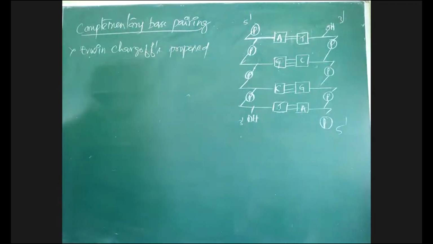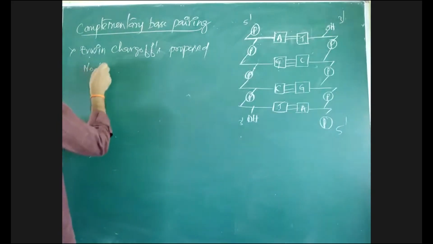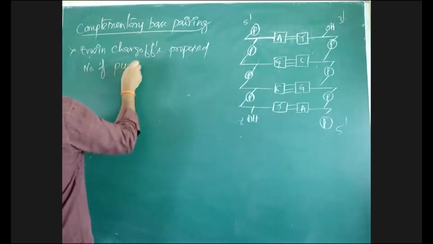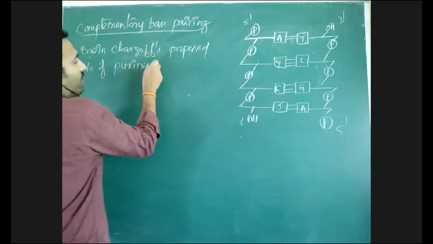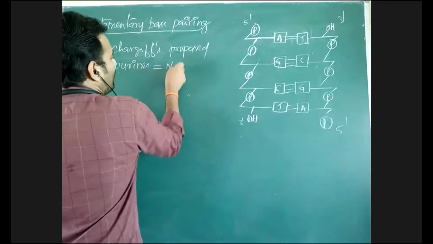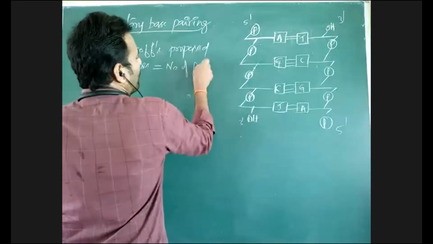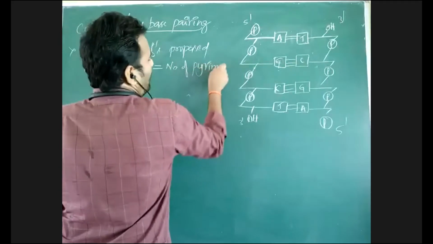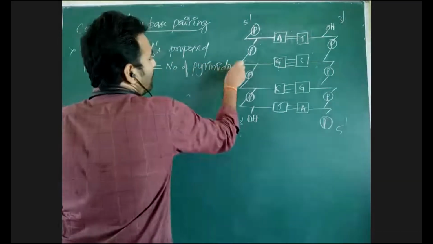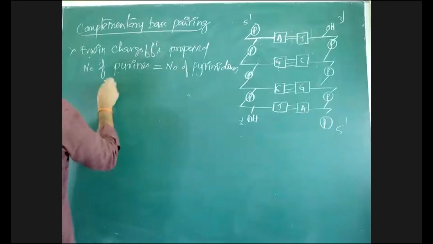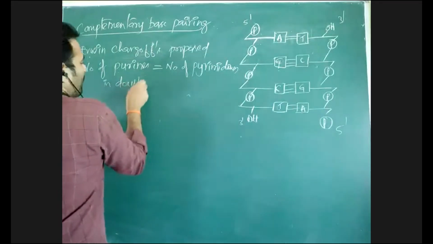What is that law proposed by Erwin Chargaff? The number of purines is always equal to the number of pyrimidines. Whatever the number of purines and pyrimidines, that is always equal in double-stranded molecules.